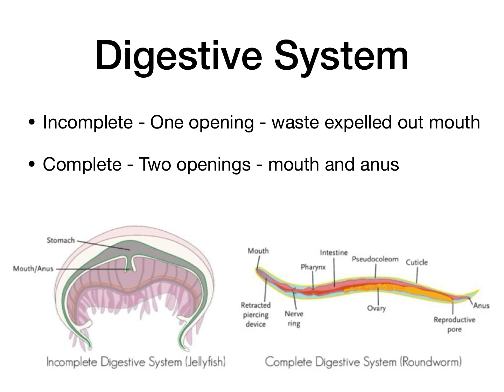So a jellyfish has an incomplete digestive system. There's one opening. The food gets put into this digestive tract, digested, and the waste comes out the same way it goes in. Whereas on this roundworm here, it has a mouth at one end and an anus at the other, and the digestive system goes the entire length. So that's a pretty significant adaptation.